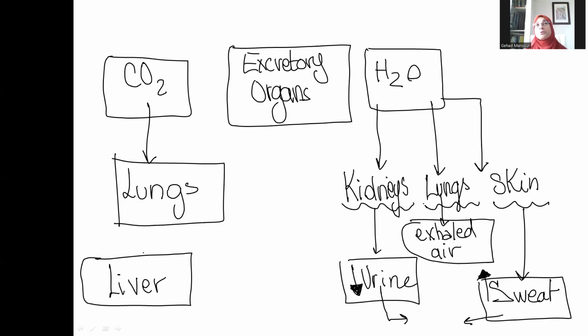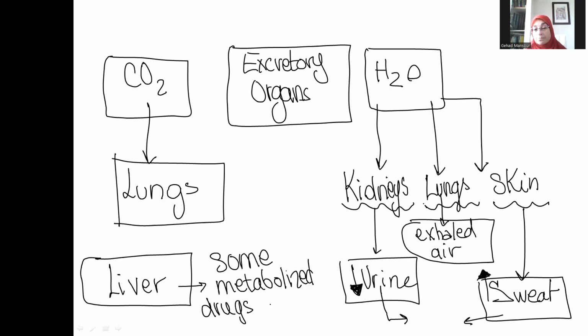But if we want to discuss the direct excretory function of the liver, because there is a direct excretory and an indirect excretory function of the liver, the direct one is excretion of some broken down medication or some metabolized drugs via bile. So some metabolized drugs and some metabolized hormones.